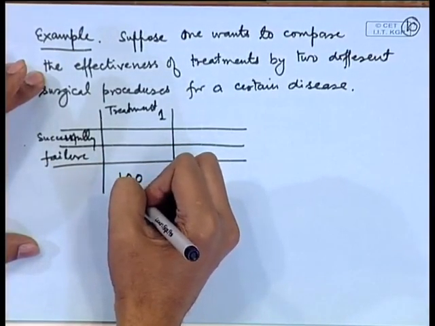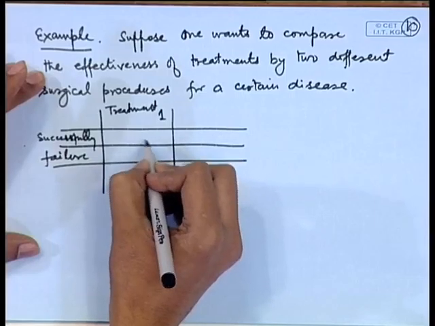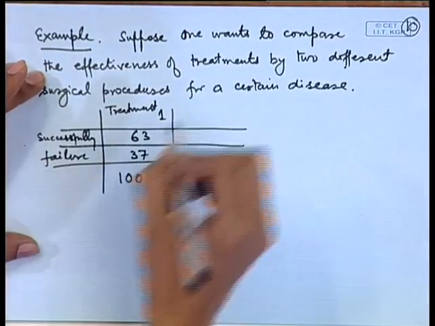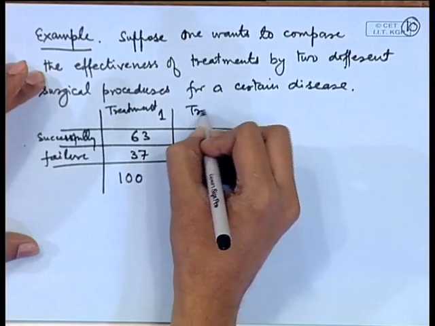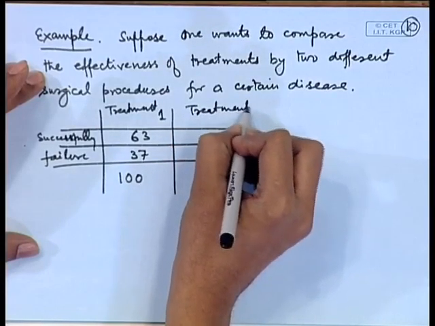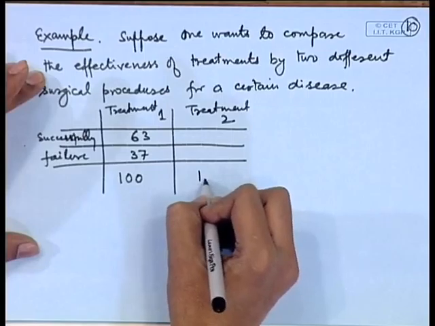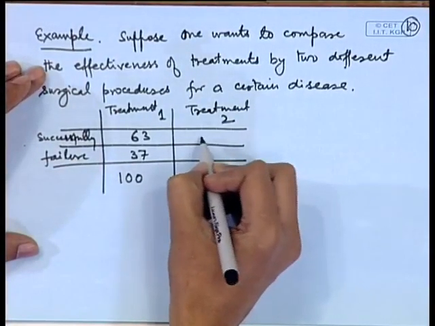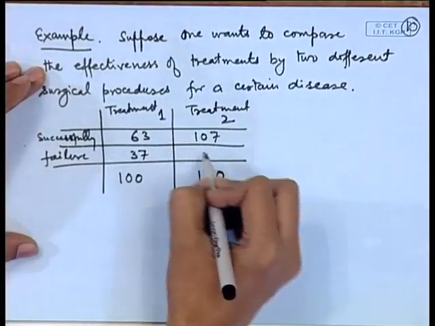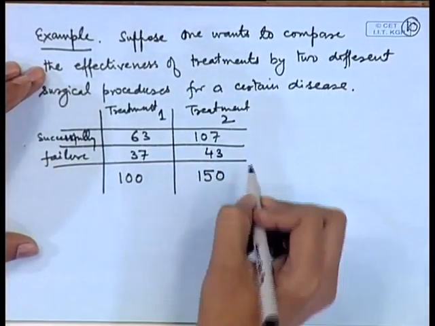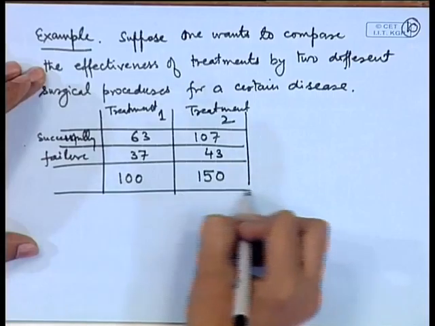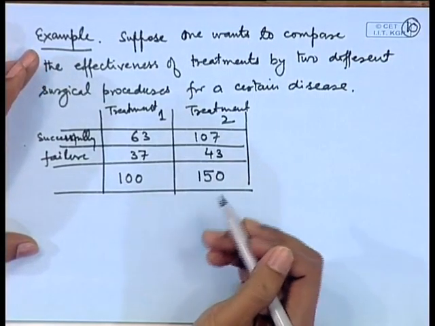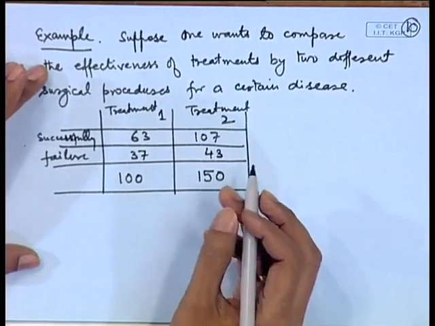Suppose out of 100 here, it turns out that 63 are successfully treated, 37 are unsuccessful. Whereas, using the treatment procedure 2, suppose 150 patients were given this procedure, out of that 107 were successfully treated and 43 are not successfully treated.